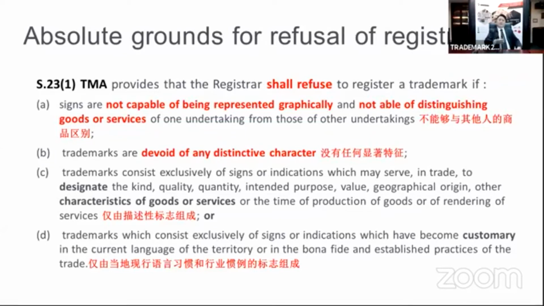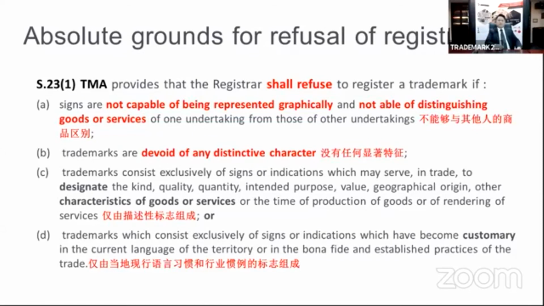Under Section 23 of the Trademark Act, the registrar will refuse to register any trademark if, number one, the sign, meaning the mark itself, the logo, the representation itself, is not capable of being represented graphically and not able to distinguish goods or services. That's the tricky part.